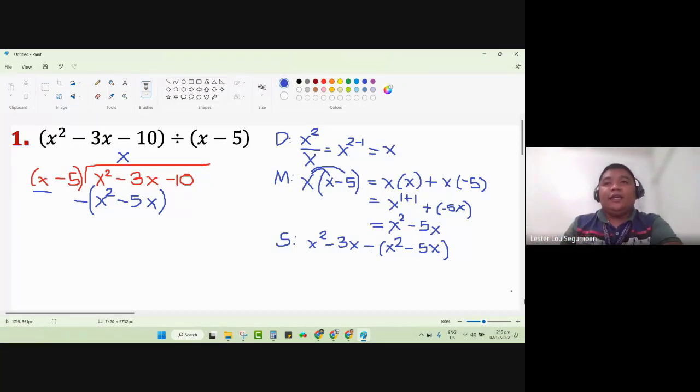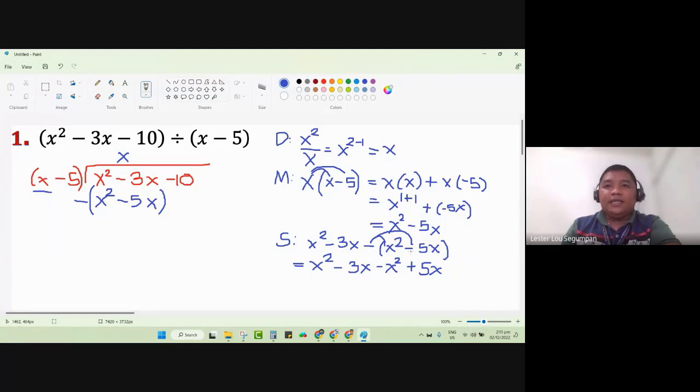That's the rule. So this is equal to x squared minus 3x, then since it's negative here, the positive x squared becomes negative x squared, and the negative 5x becomes positive 5x. If you're wondering how it happened, we simply distributed the sign here and here. When you use distribution, it's multiplication. That's why negative times positive is negative.